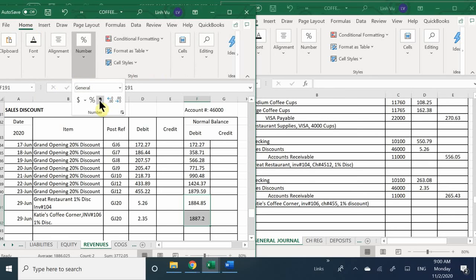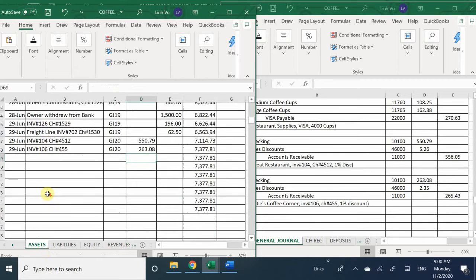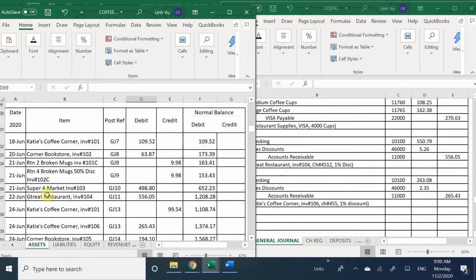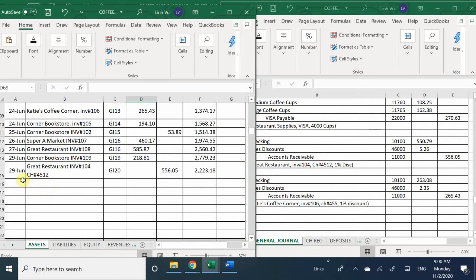And then the asset. Oh no, we did. Yeah. Asset. I'm sorry. That's fine. Accounts receivable. Invoice 106. Check 455.